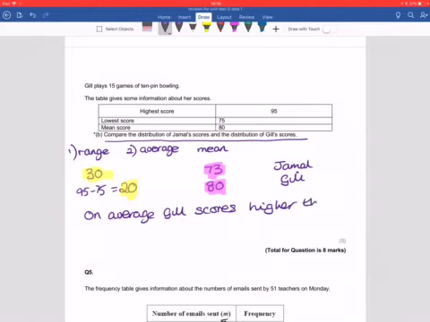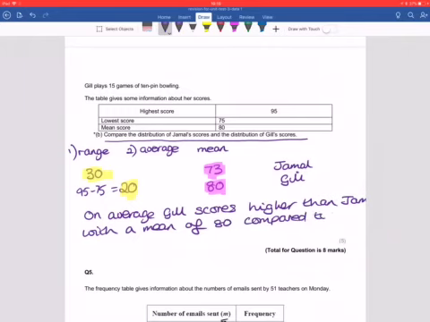than Jamal. Then you have to give the evidence with a mean of 80 compared to his 73. And then you say Jill's scores, and when you talk about the range, you're talking about variance and consistency, how similar, how different they are.